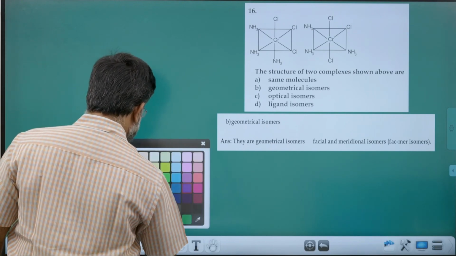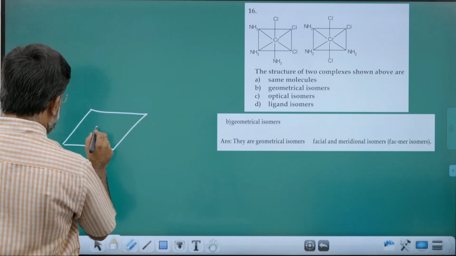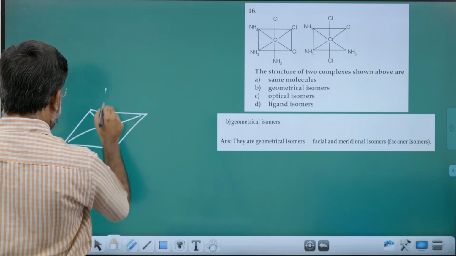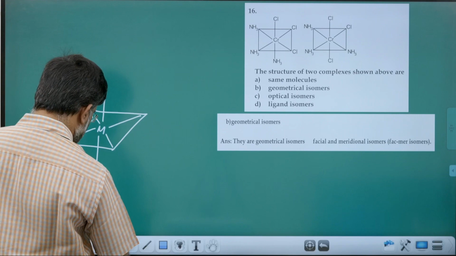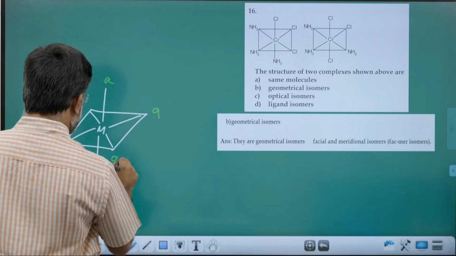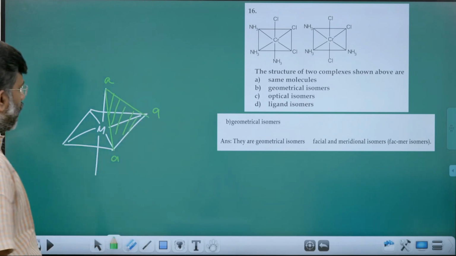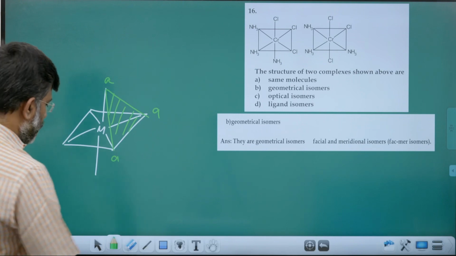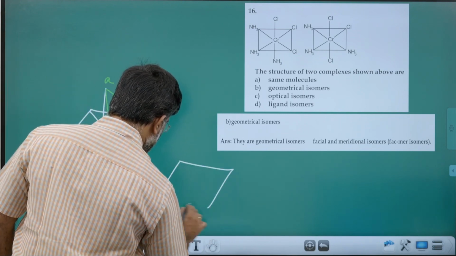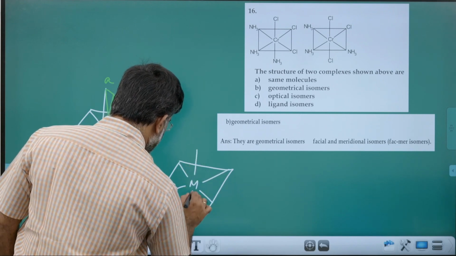And I will draw that structure and show you. You know that if you take an octahedral complex M, imagine A is coming across the lateral face. That is facial isomerism. While what is meridional? You take the plane M, 1, 2, 3, 4, 5, 6.